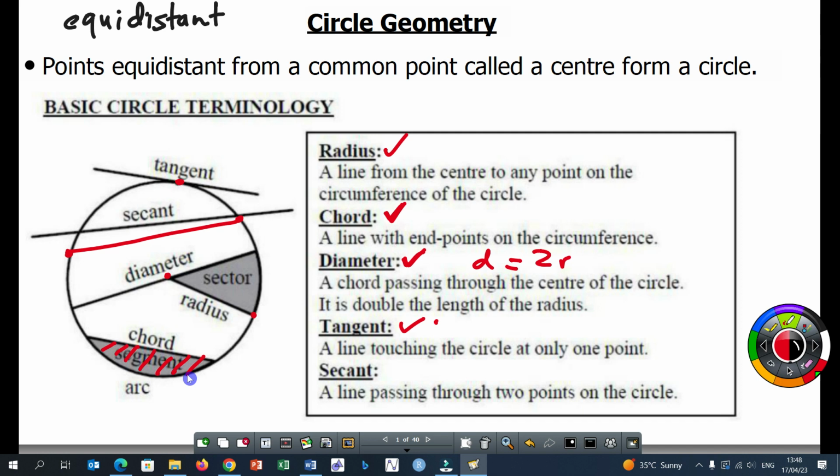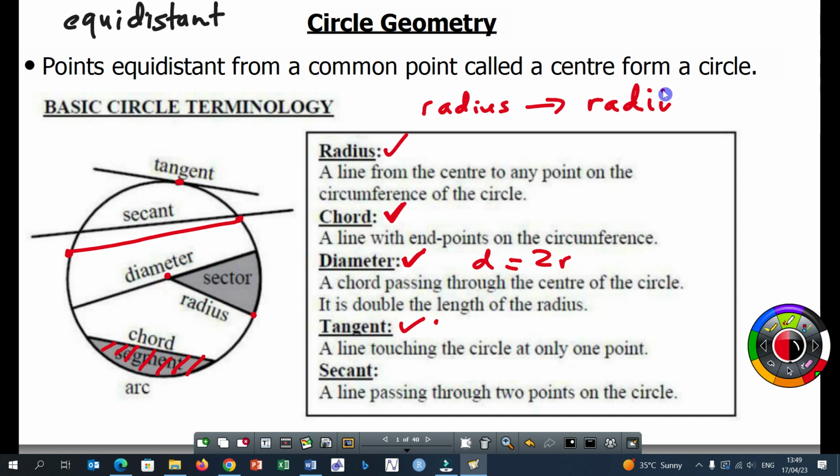Then you can also have what's called a sector. Now a sector is just an area between the circumference and 2 radii. By the way, the plural for radius is radii. And then you have got what's called a secant.